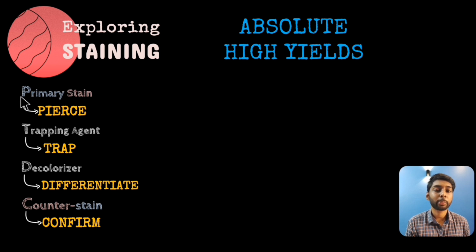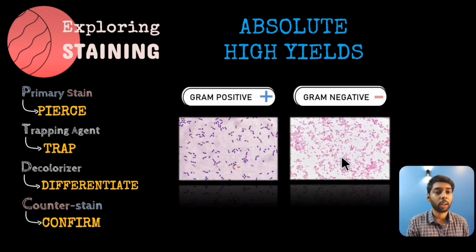So remember, the primary stain pierces through both the gram-positive and gram-negative bacterial cell walls equally. Then the trapping agent traps the primary stain inside the cell wall, and the decolorizer tries to differentiate between the gram-positive and gram-negative cell walls by trying to take the color out of the cell wall, and it's successful in the case of gram-negative because it has a thinner peptidoglycan layer.